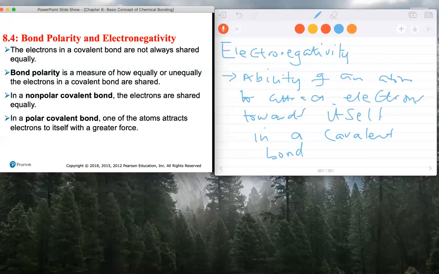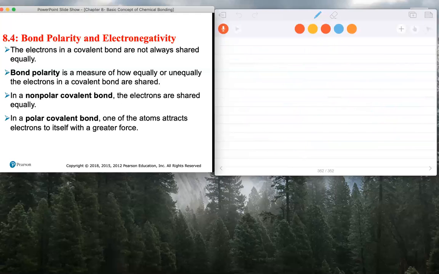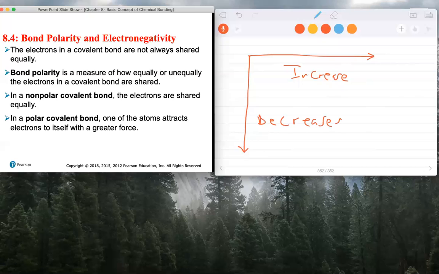The trend on the periodic table, we'll see it much later, it's just going to be a minute. If this is the periodic table, going that way, electronegativity increases, and then it decreases as you go down a group.